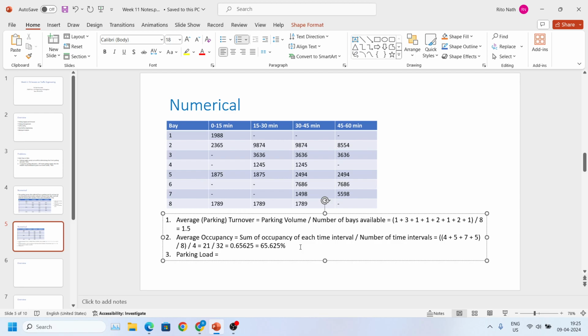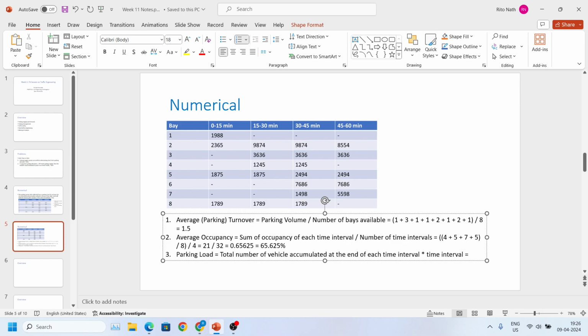You have to find the area under the parking accumulation curve over a given period of time. So that's the definition of parking load. You can also write it as the total number of vehicles accumulated at the end of each time interval multiplied by the time interval.